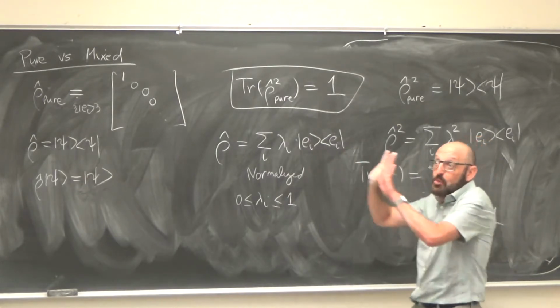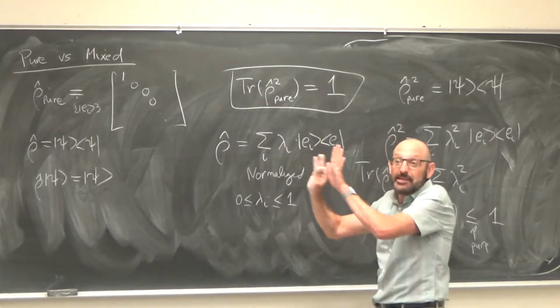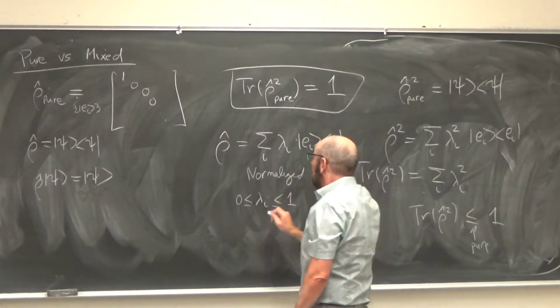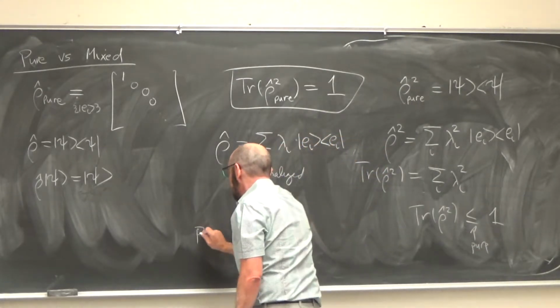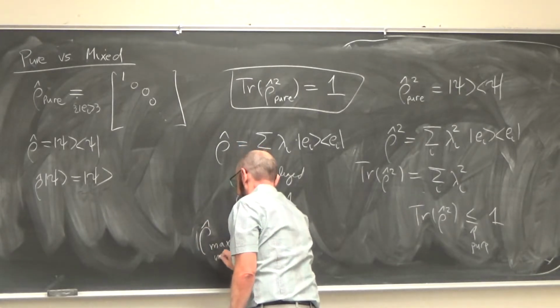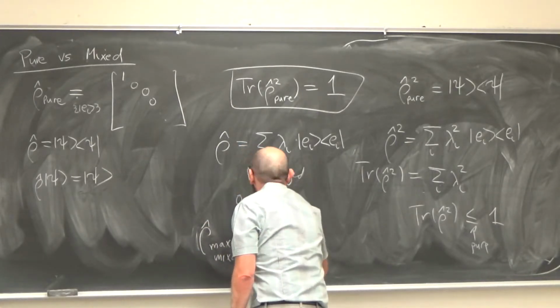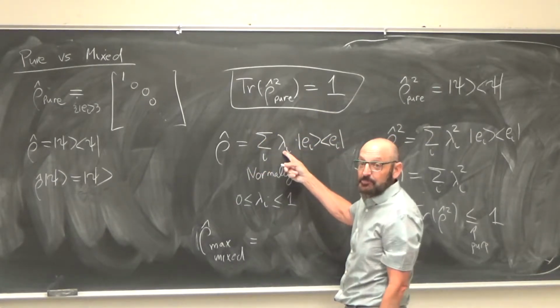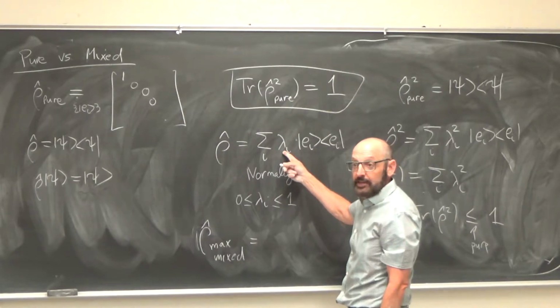If it has more of one eigenvector than another, it will be sort of more pure. So for a maximally mixed state, all of these eigenvalues will be equal, and if they sum to 1 and there are d of them, they're 1 over d.